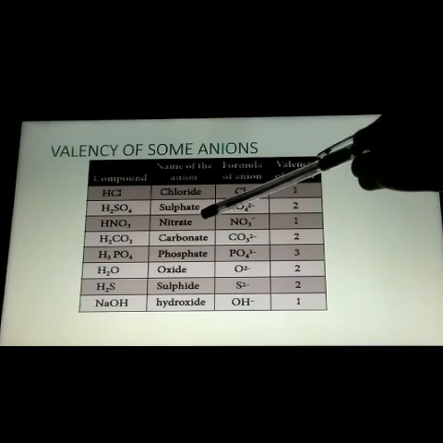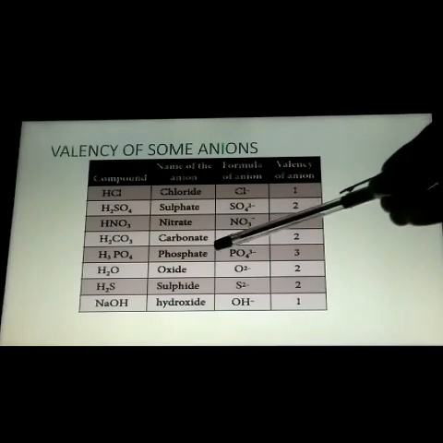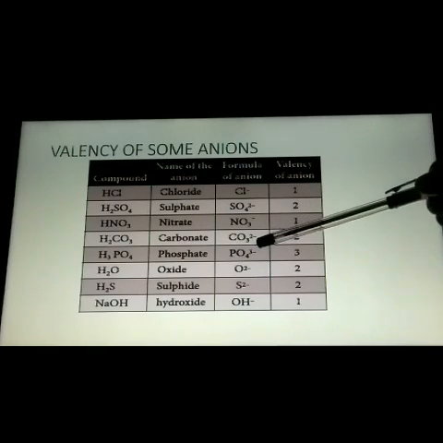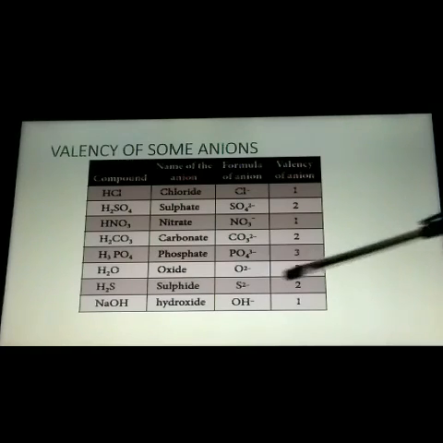For nitric acid, the name of the anion is nitrate and the valency of the anion is 1. For carbonate, it is CO3 2 minus, that is the anion here, and the valency is 2. Likewise, we can write the names of anions and their corresponding valencies. For hydroxide it is 1 and for sulfide it is 2. For oxide ion it is 2.